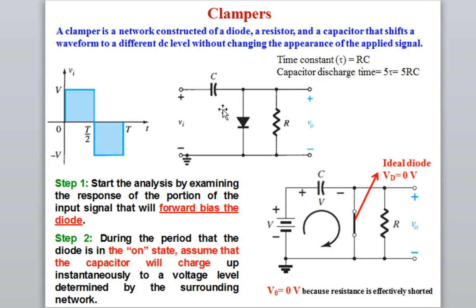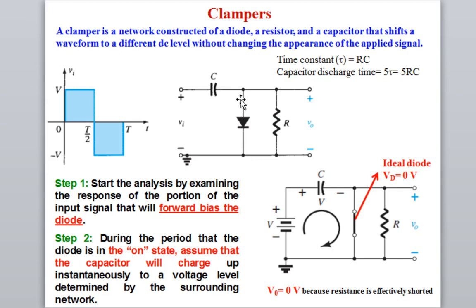Always keep in mind that the values of capacitor and resistance are chosen such that the time constant, tau, defined by R into C, is large, to ensure that the voltage across the capacitor does not discharge significantly when the diode is in reverse bias, that is, when the diode is in the non-conducting stage.